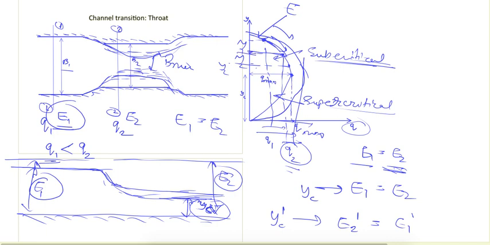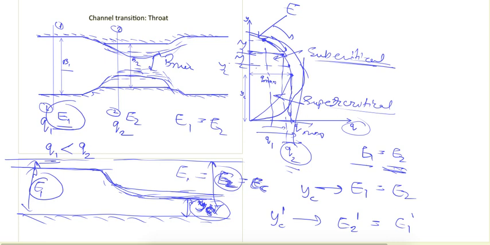So here we see that the depth is decreasing. What is the maximum reduction in depth? The maximum reduction comes when the depth has reached yc. So this E2 will be equal to EC, which is equal to E1 also.